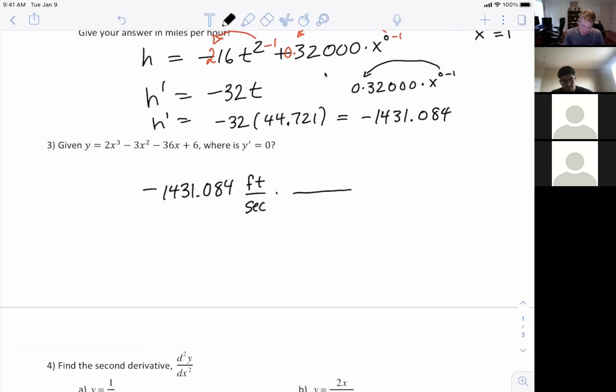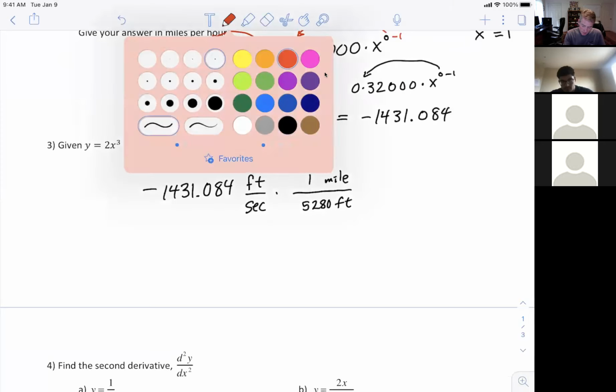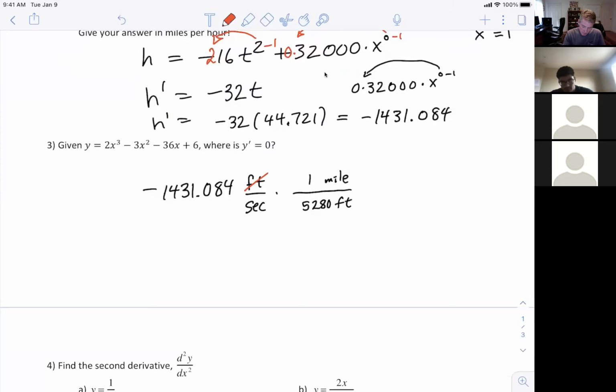So to get rid of feet, if you have 1 mile, that is 5,280 feet. And of course, I could have put the 5,280 feet on top and the 1 mile on the bottom, but I did it this way. That way, the feet on top here will cancel the feet on bottom there.